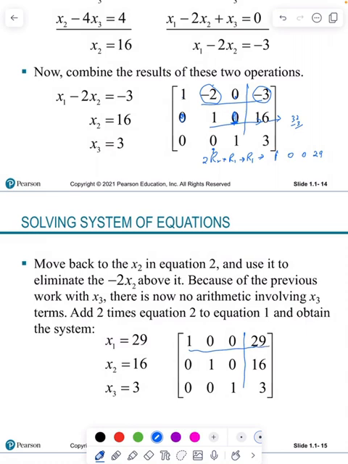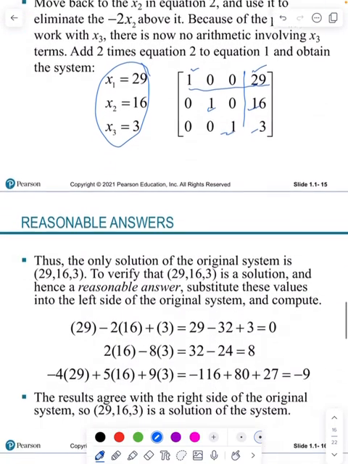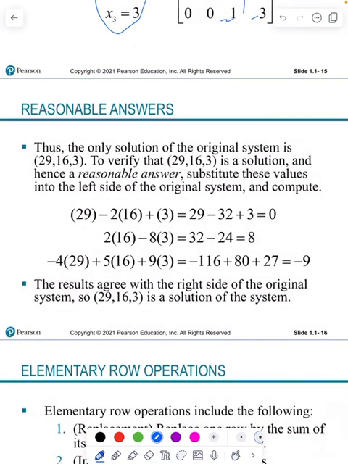So now when we read it, we can say x1 is equal to 29, x2 is equal to 16, and x3 is equal to 3. So this is our solution. And we should check by plugging it back in the equation, and see if it gives us the same thing that we have on the right hand side.